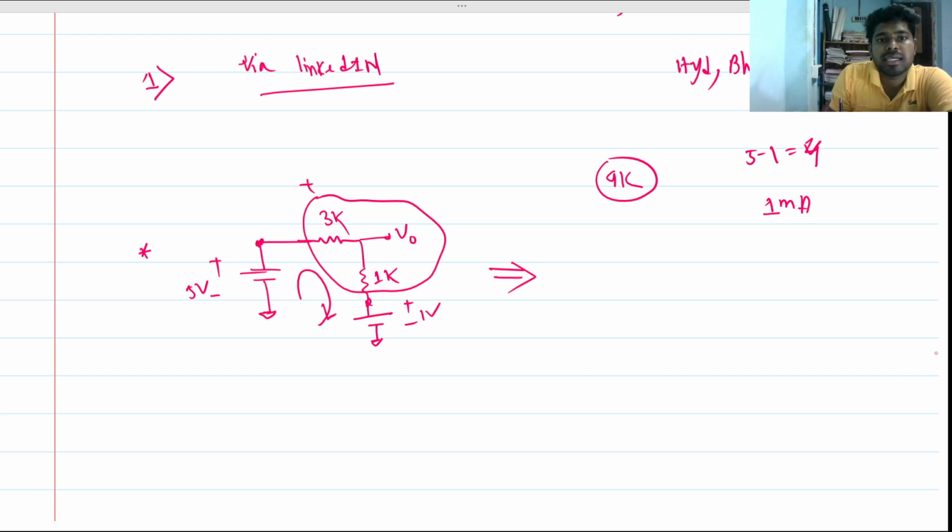So there will be a 3 volt drop and a 1 volt drop. At this node, the potential will be this 1 volt drop across the 1K resistance plus this 1 volt source. So V out will be 2 volts. So I told intuitively. This was the answer.